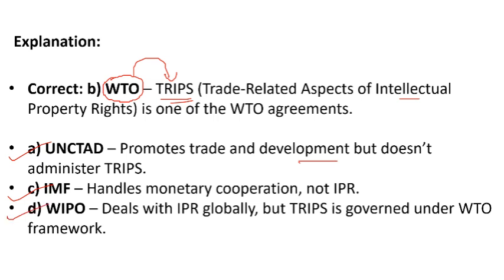WIPO deals with IPR globally, but it is not connected to the TRIPS, and TRIPS is directly connected with the WTO. TRIPS is actually an agreement of WTO. So the right answer is WTO, not UNCTAD, IMF, WIPO, nothing.